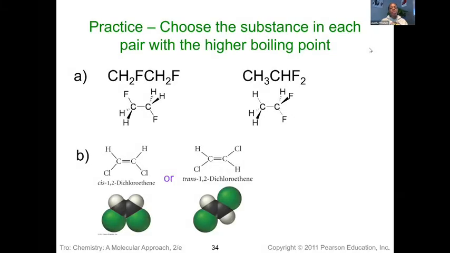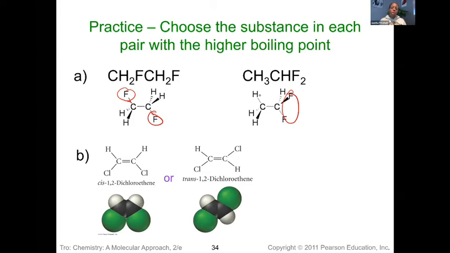All right, so here it says, choose the substance in each pair with the higher boiling point. And so look at letter A. Again, very similar formula, just the placement of those fluorines is different. And so what you should be noticing is those fluorines. In the first example, the fluorines are opposite to one another, versus the second one, they're on the same side.